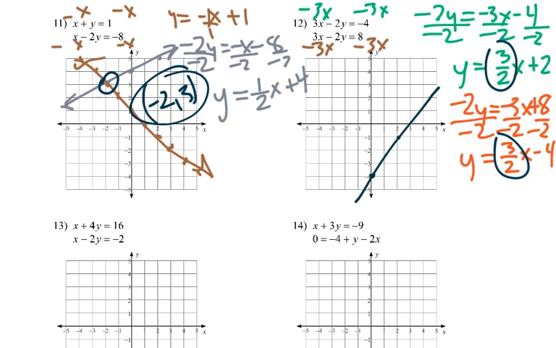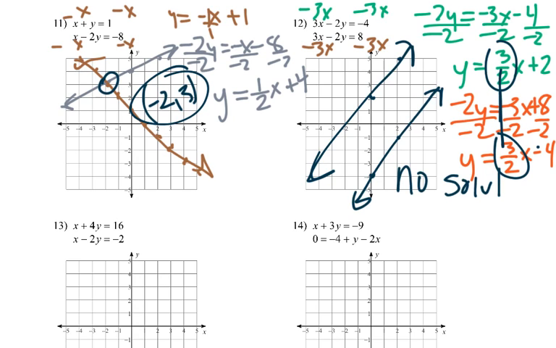So it would look like this, and it would look like the same thing right here. But because they have the same slopes, I know right off the bat it's going to be no solution. So if I change them both to slope-intercept form, I don't really even need to double check them.